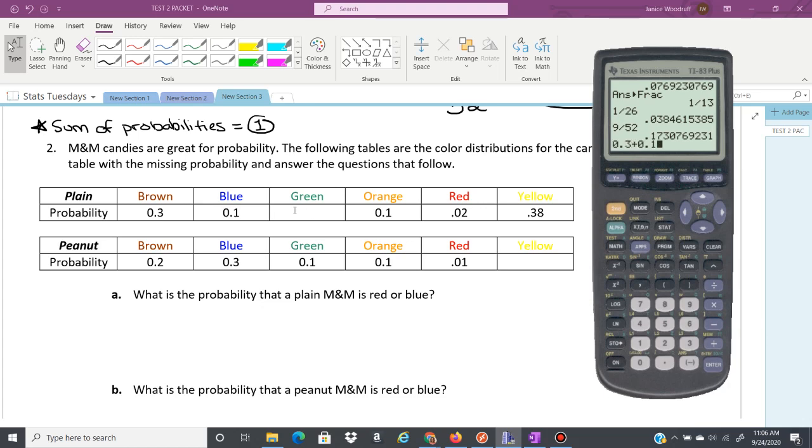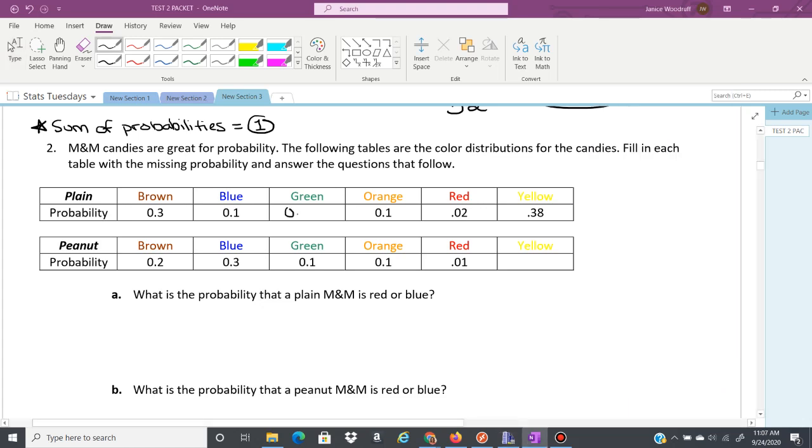So if I add these together, okay, I get 0.9, and then the missing one would be 1 minus 0.9, so 0.1. So there should be a 0.1 for green M&Ms in this table. And then for the peanut ones, we're missing the yellow.